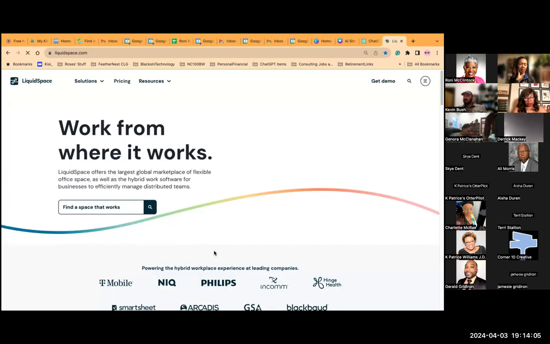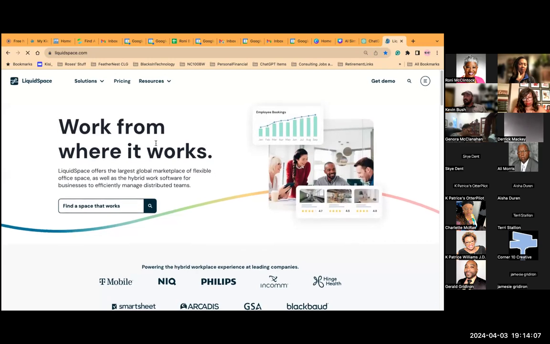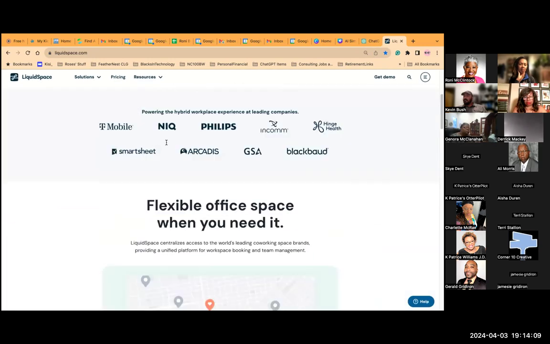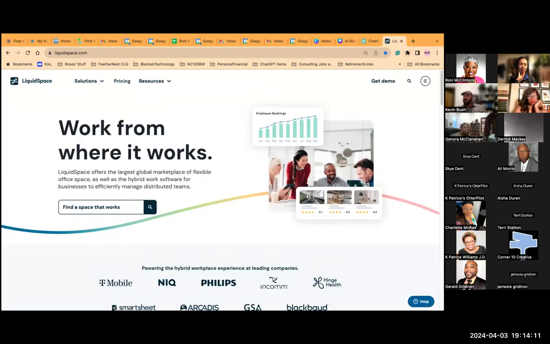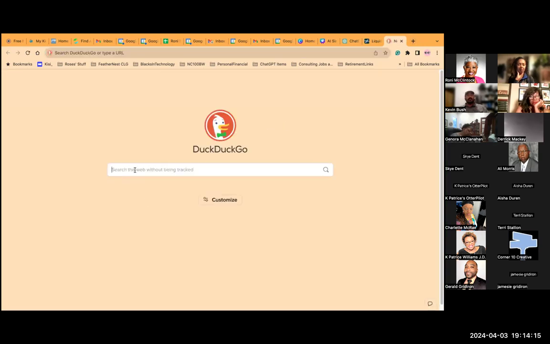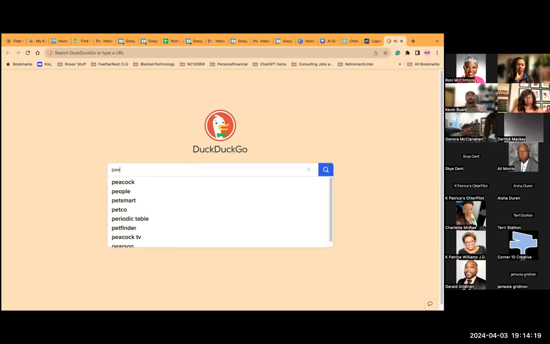The flexible office space. So for someone who's looking for an office for the day, and because I'm in Vegas, you have people who are flying in, they've got an 18-hour layover, they don't want to stay in the airport. So they'll find an office near the airport and go and use it for the day.